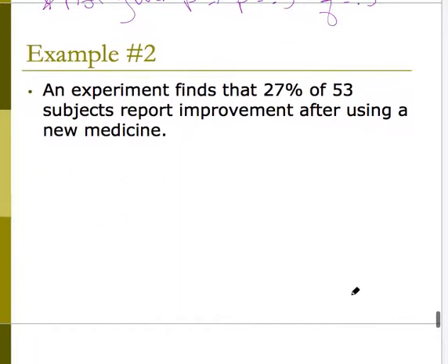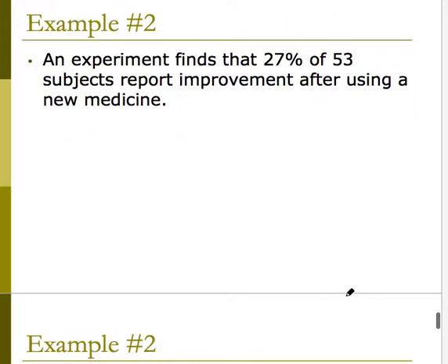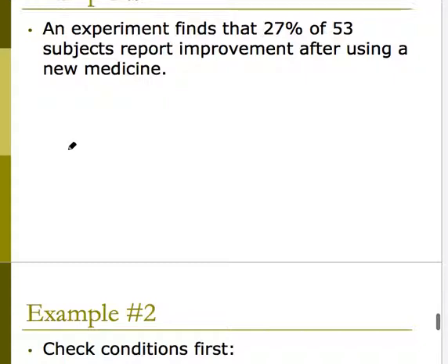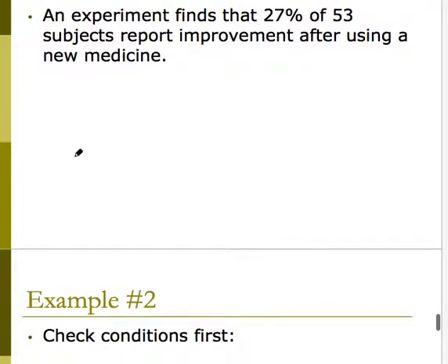Okay. All right, so here's my example, and let's look at margin of error again. An example finds that 27% of 53 subjects report improvement after using a new medicine. Okay. All right, so let's check. There's really not a lot of information given in here. Plausible independence? Well, I don't know how they picked the 53 subjects.